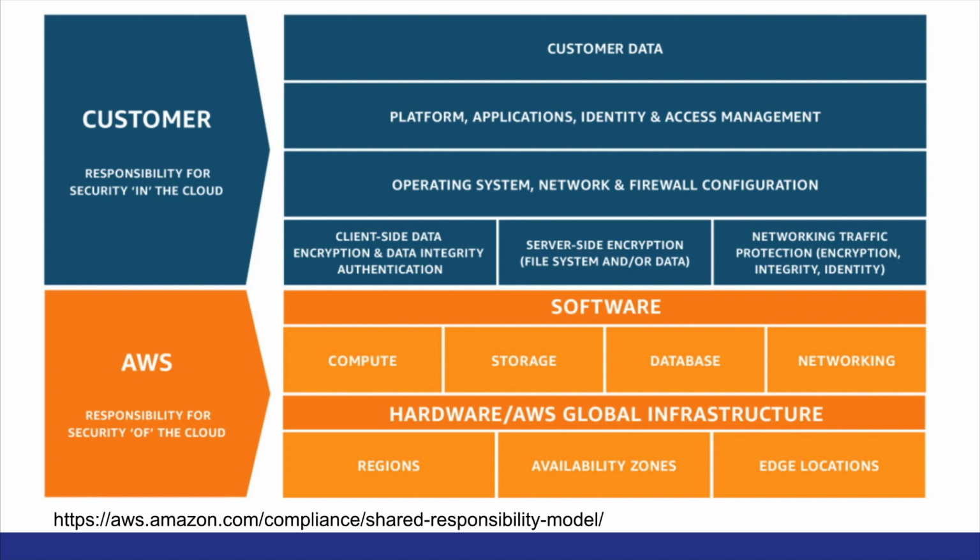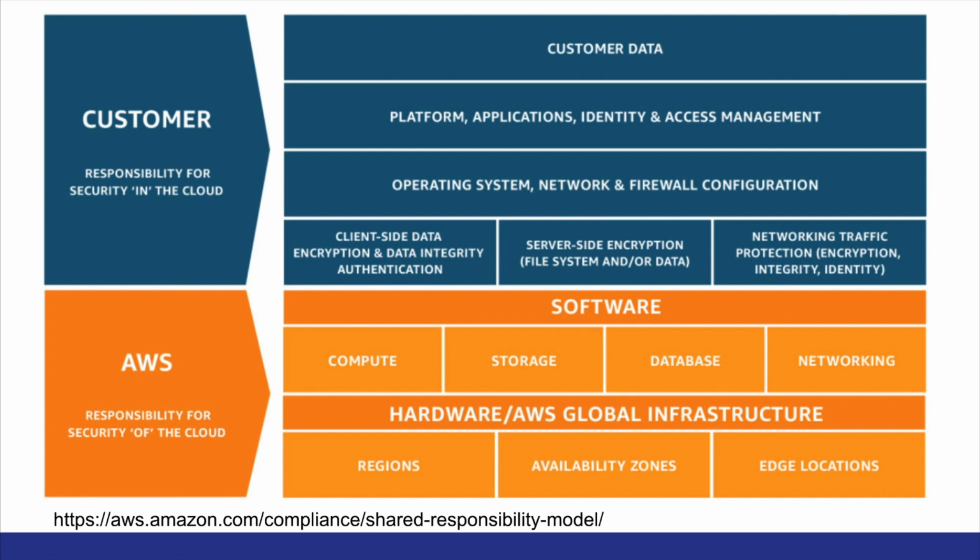And if we don't really believe in AWS, we can also get certificates that came out from other third-party organizations and audits, and these certifications give us information about the security level of the AWS infrastructure.